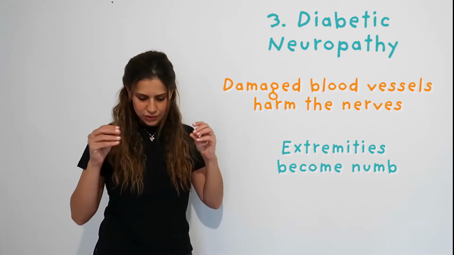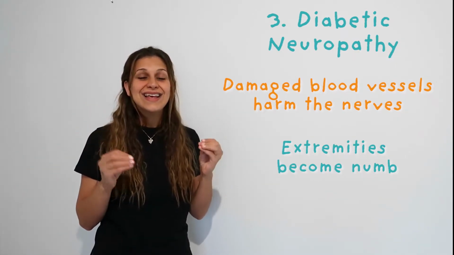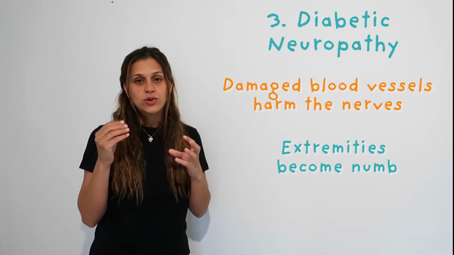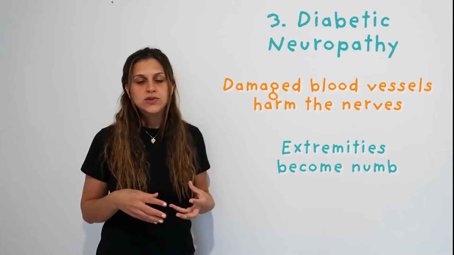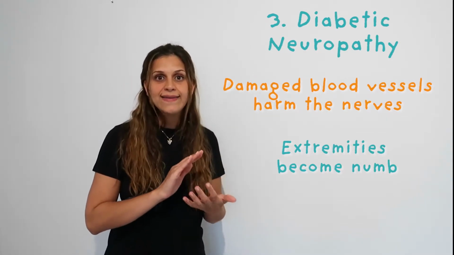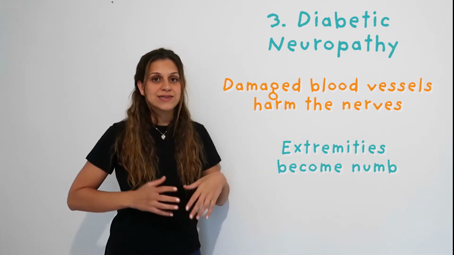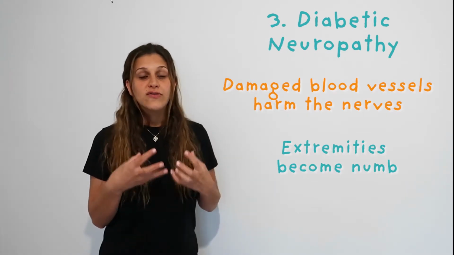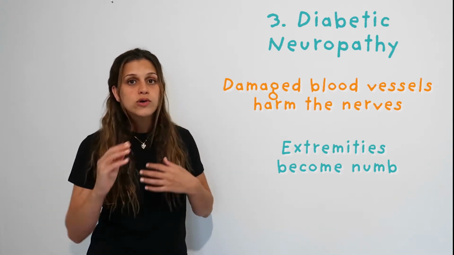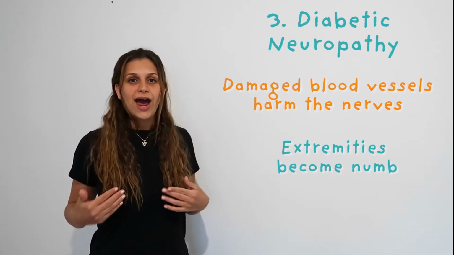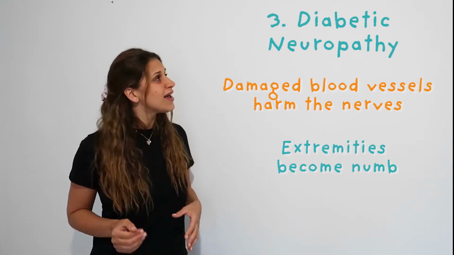So feet and hands, they will start to lose sense, so they will become numb, okay? And in diabetic patients, it is very common to actually hit their foot, burn their hand, and they won't notice right away, okay? Because they do not feel the pain, they do not feel the burning sensation, right? But nerve damage does not end there. It can also affect other nerves in the body and cause quite a few problems.